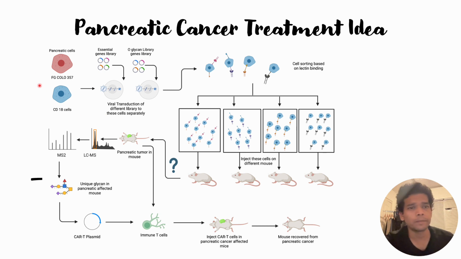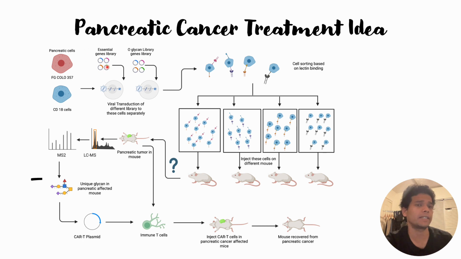The study begins with pancreatic cells. In this case, two pancreatic cell lines are considered, FG Colo 357 and CD18 cells, and then viral transduction of these cells will be done with different libraries.